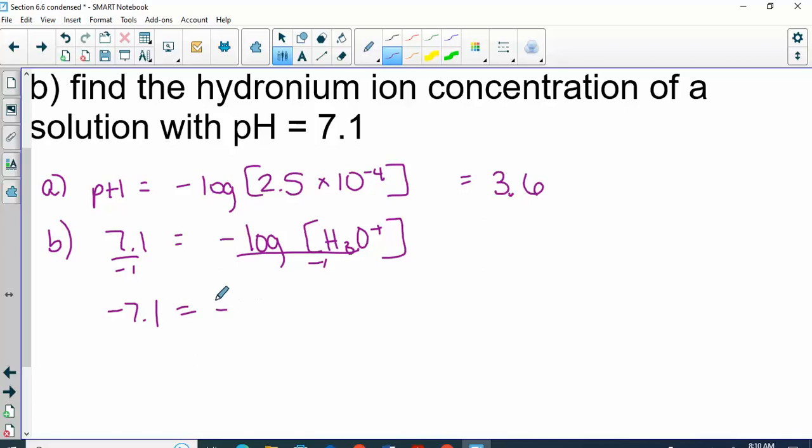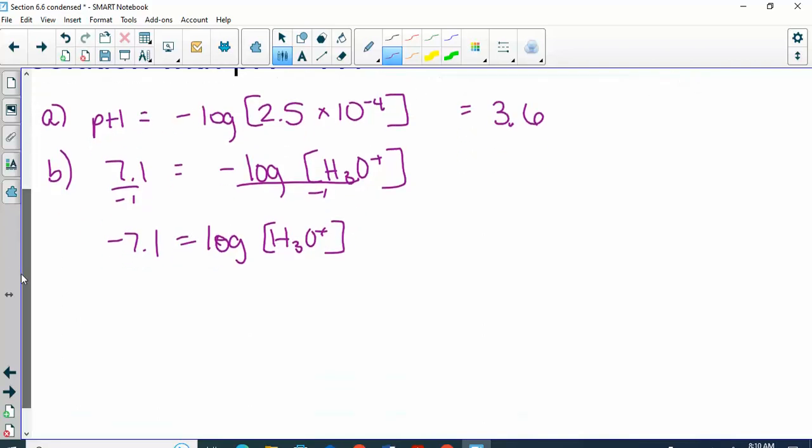Negative 7.1 equals log H3O+. Okay. There's a log on one side. You just get done solving all these equations. Change it to exponential. What's the base of this log? 10. 10 to the negative 7.1 equals H3O+.